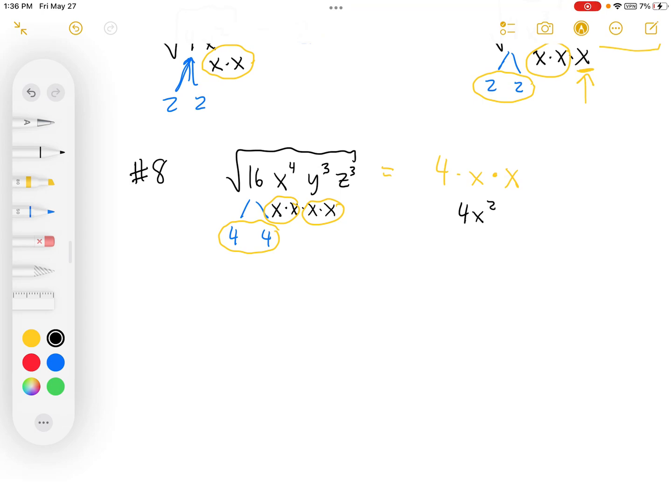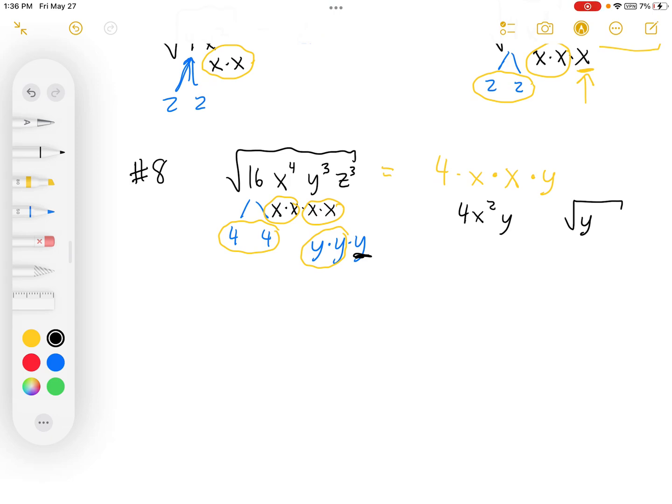Now, every x had a pair. There are no x's left over to stay in the radical. Let's go ahead and try our y's. Y cubed, that's the same thing as y times y times y. We have a single pair of y's, so we can go ahead and add that to our answer. However, we have one y left over, so we're going to just go ahead and put that underneath the radical.